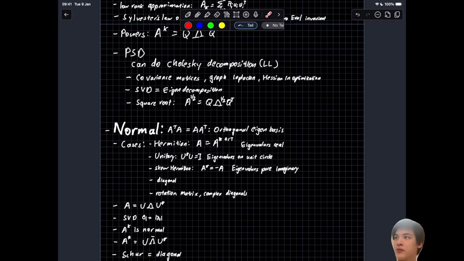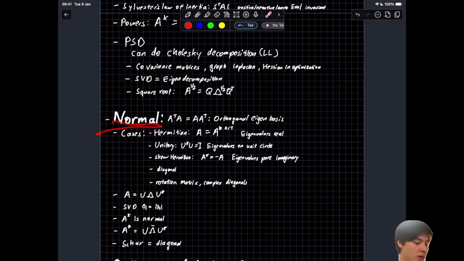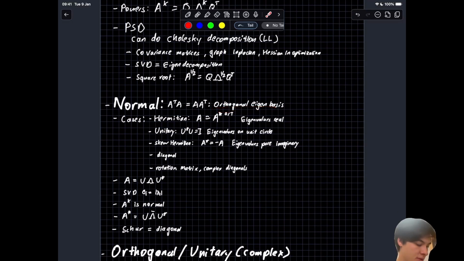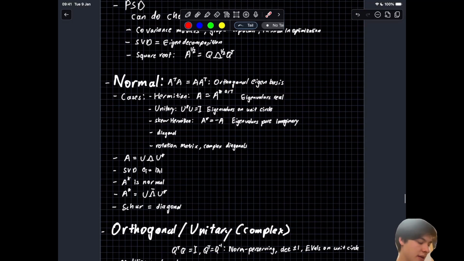So next up is a normal matrix. That means A transpose A is equal to A A transpose. And that means we can find an orthogonal eigenbasis for the matrix. So the cases are if it's Hermitian, or symmetric. If it's unitary, the eigenvalues are on the unit circle.